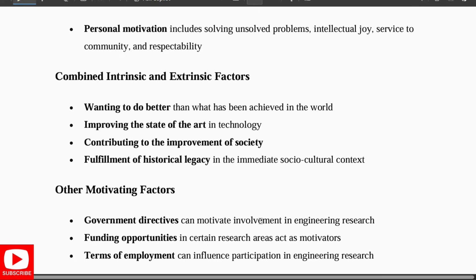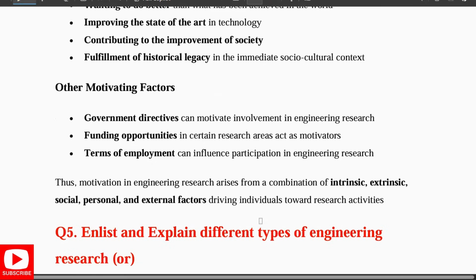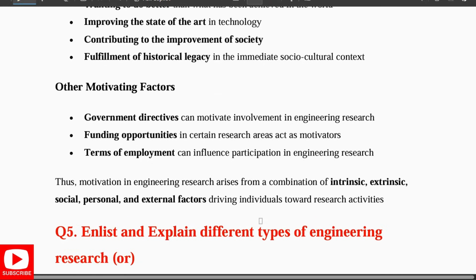Other motivating factors can also include government directives, which motivate involvement in research, funding opportunities in some research areas, and terms of employment, which can influence participation in this type of research. Thus, a combination of intrinsic, extrinsic, social, personal and other factors drives individuals and motivates them towards research activities.